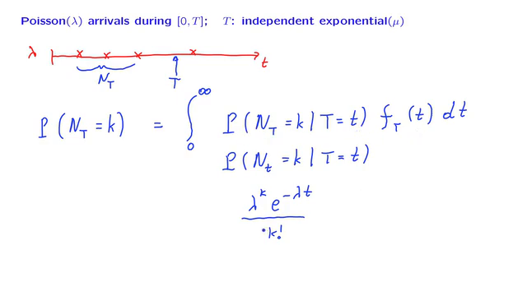We know what this term is. It is this expression. And the density of capital T, since it is an exponential random variable, takes this form. And so, in order to find the distribution of the random variable N_T, all that we need to do is to calculate this integral. But this is a rather messy integral. So let us try to see if we can find a shortcut to this problem.